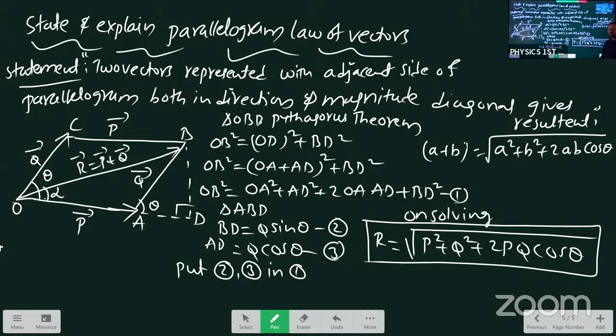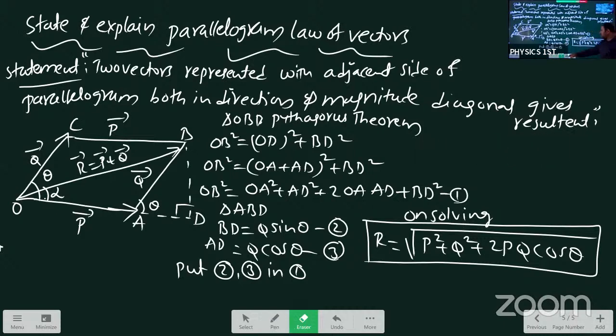P plus Q whole square: P square plus Q square plus 2PQ cos theta, under root. Both are the same. So you go like that. We are not writing the remaining steps because they are all unnecessary. If you write them, no problem. If you get confused, write them; otherwise, with this much big an answer, you go like this. This is R. R is nothing but what? Resultant.